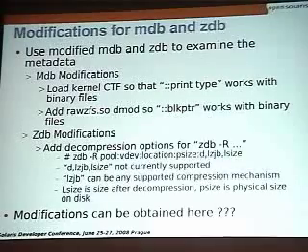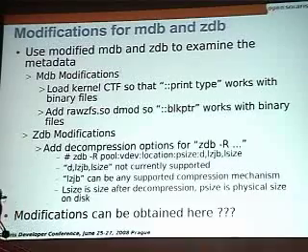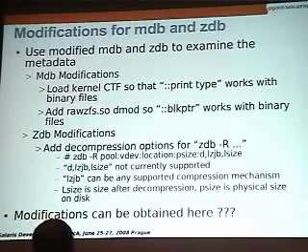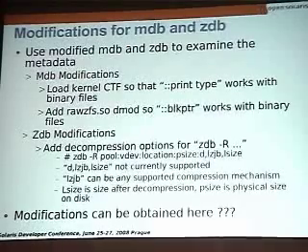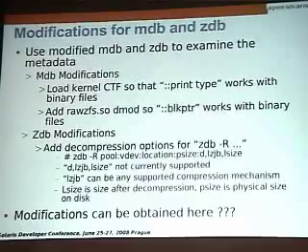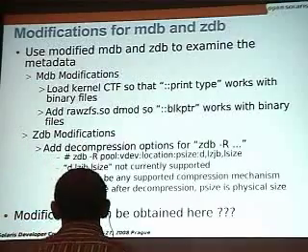So what I do is load the CTF information for the running kernel so that I can use ::print. And I wrote a little dmod, which is an mdb module that allows you to use ::blkptr, which gives you a nice formatted listing of block pointer entries with binary files.